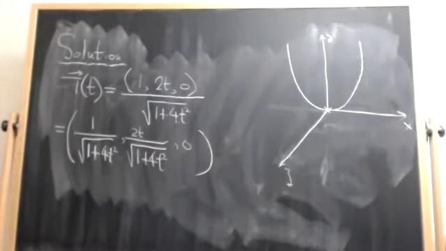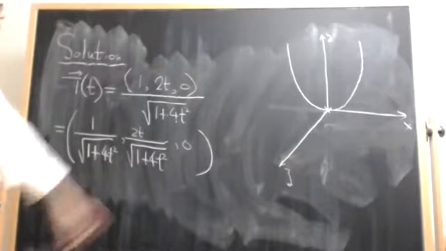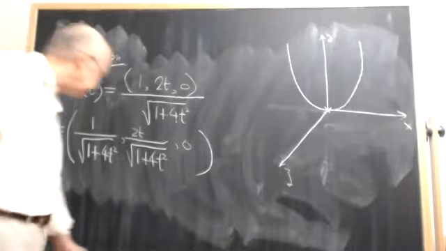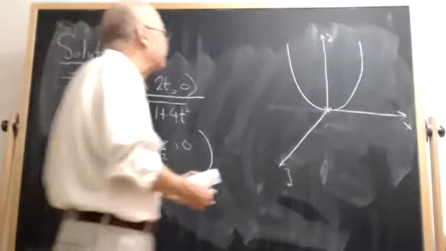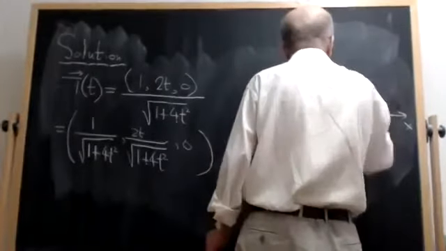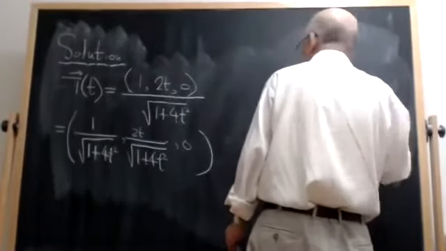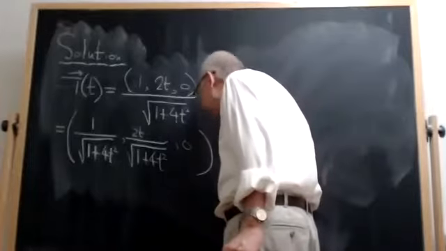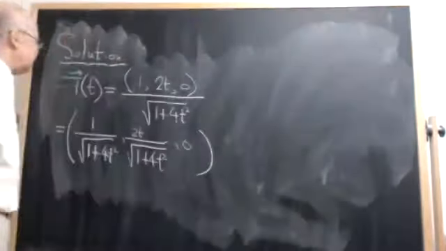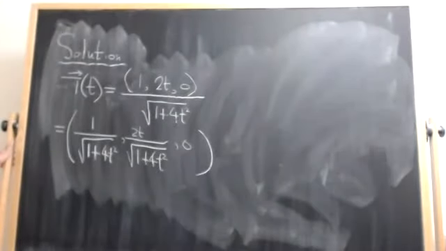This is the unit tangent vector at any point on the parabola. So let me take this away first. Now, let's try to find the curvature.